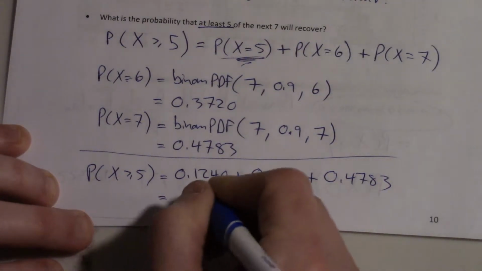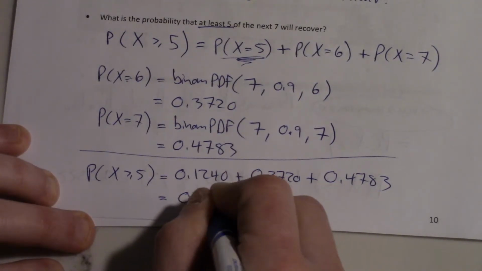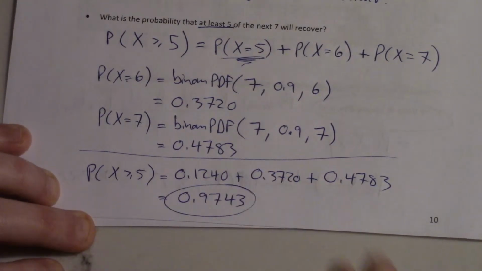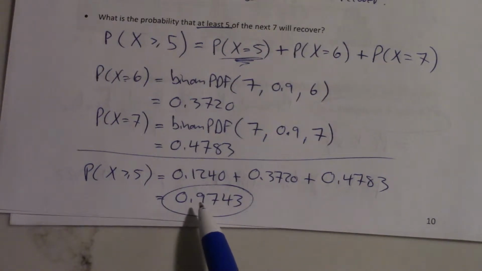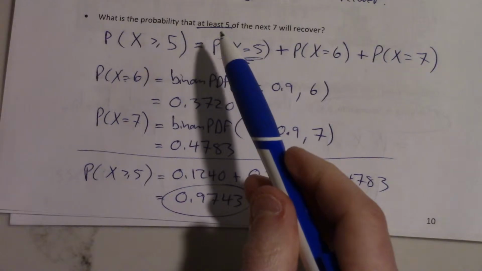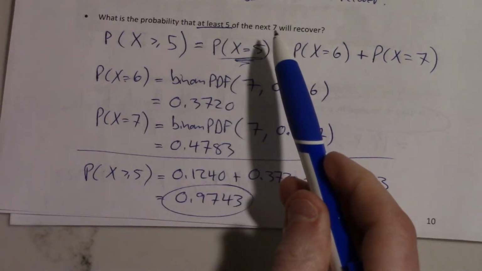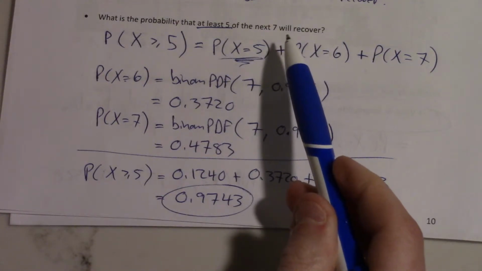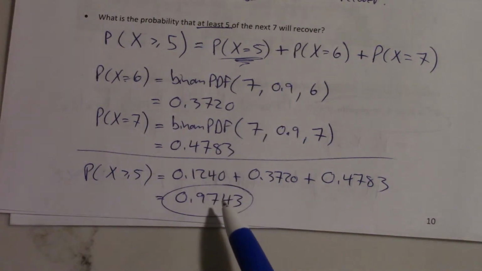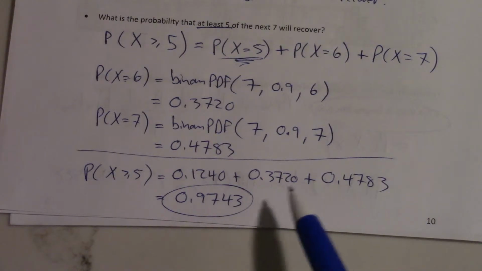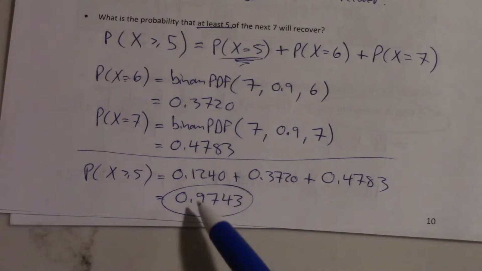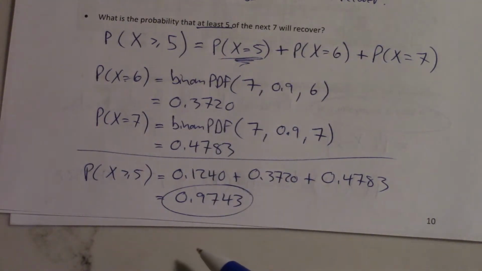So you add those up, and you get 0.9743. So in other words, the probability that at least 5 of the next 7 patients will recover is 97.43%. Okay? And maybe this is the answer you were expecting in the previous problem.